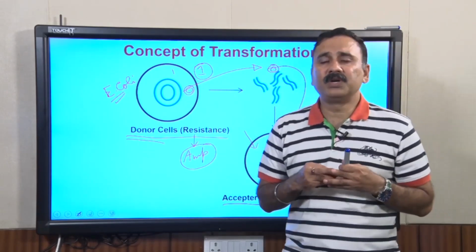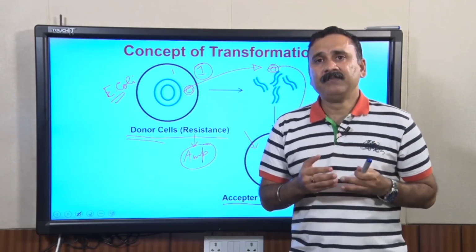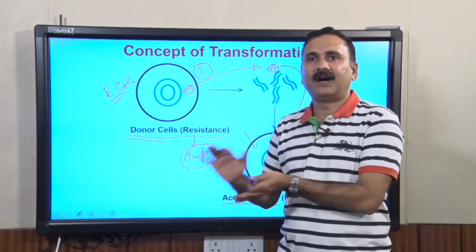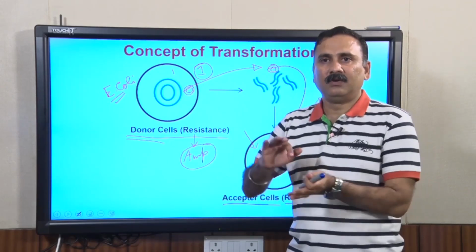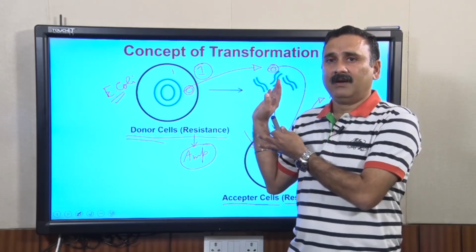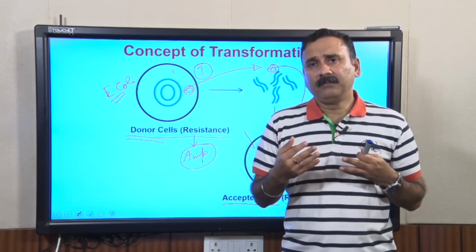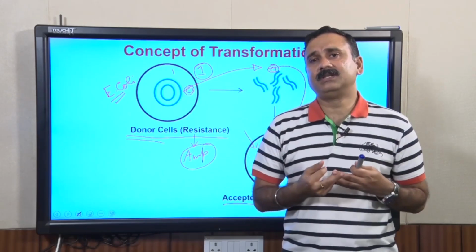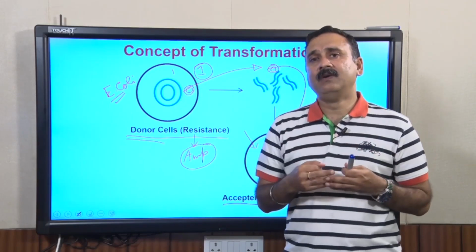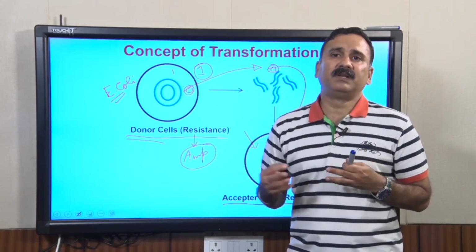That is why it is always advisable, when you are working in your laboratory, that you should destroy the bacteria you are using before you discard them into the sink or throw them into the dustbin, because all these bacteria have extrachromosomal DNA in the form of plasmids, and these genetically modified bacteria could be a potential source of spreading that particular phenotype to the bacteria present in the environment.